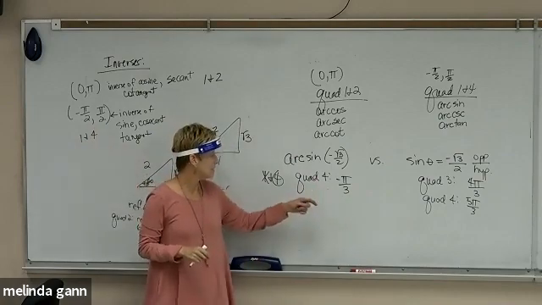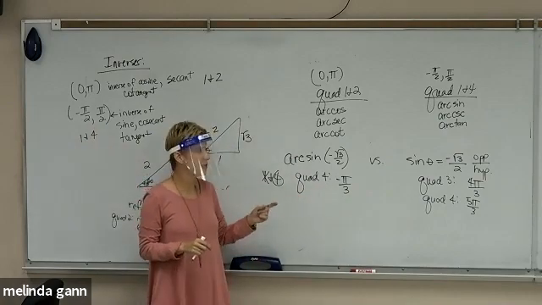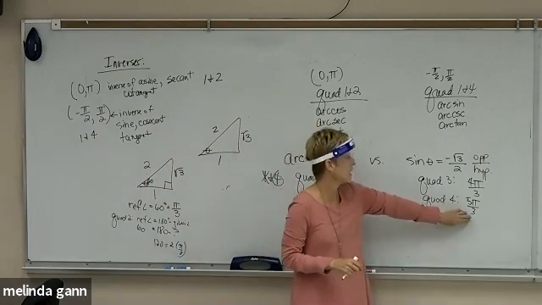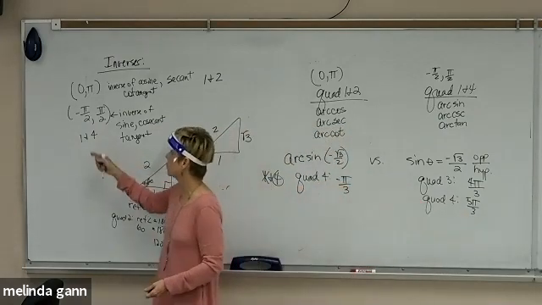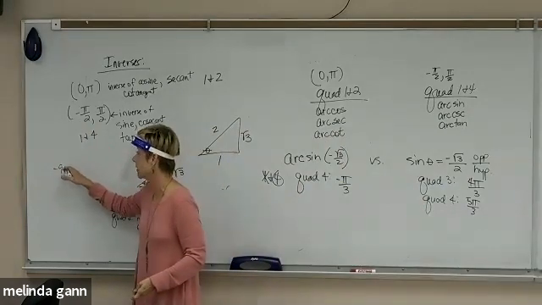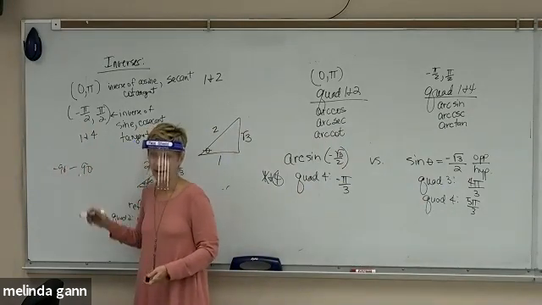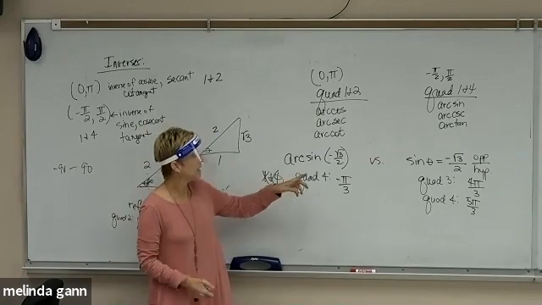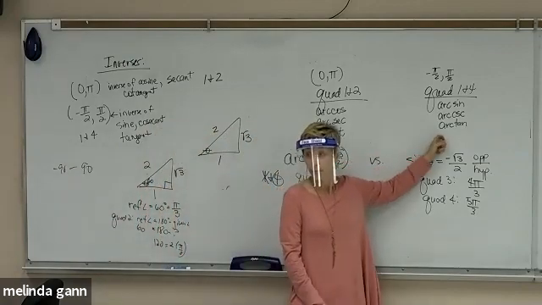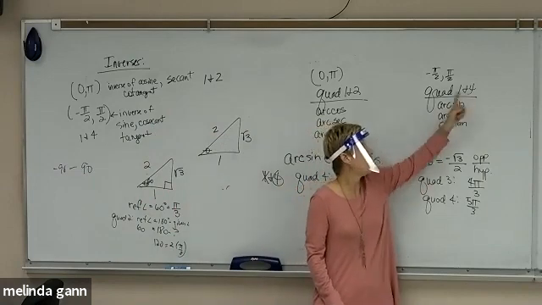Because a negative 90, you see what I'm saying? In other words, this is 300 degrees. But 300 degrees is not between a negative 90 and a what? A 90.